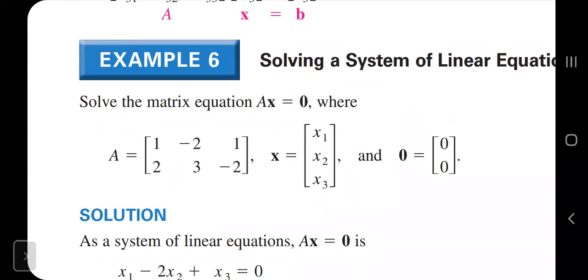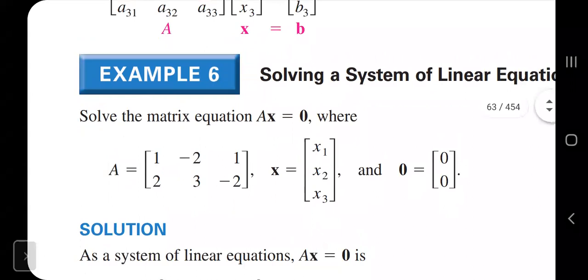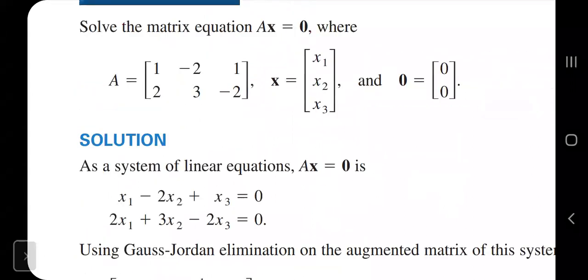Again, I'm taking a 2 by 3, multiplying that by a 3 by 1, and my answer is going to be a 2 by 1. These matrices really represent these two equations down here. If I multiply matrix A times matrix X and get the 0 matrix, that's the same as these two equations, and then we can solve them.